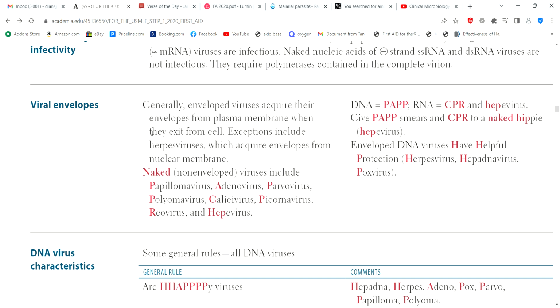Enveloped viruses get their envelope from the plasma membrane when they leave the cell, except for the herpesvirus, which gets its envelope from the nuclear membrane.